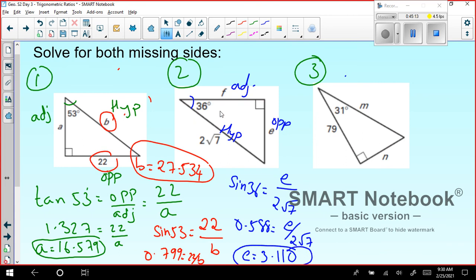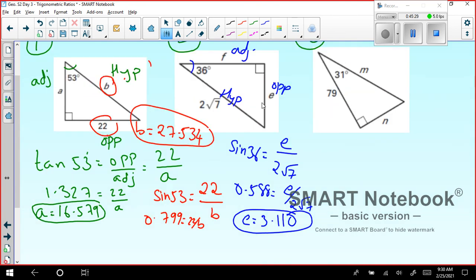Same way, I need to find the value of F also. To find F, I have to take this particular side which is unknown and this side which is known. So adjacent and hypotenuse, whenever adjacent and hypotenuse are involved, it's cos. So we'll use cos 36. So cos 36 degrees equals adjacent over hypotenuse. The adjacent side was F and the hypotenuse was 2 root 7.